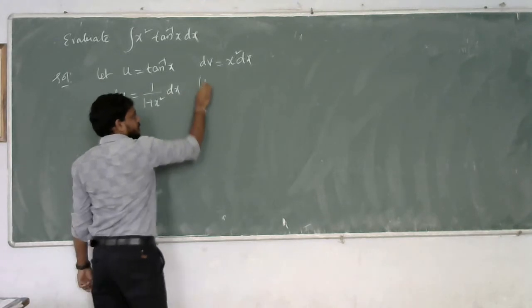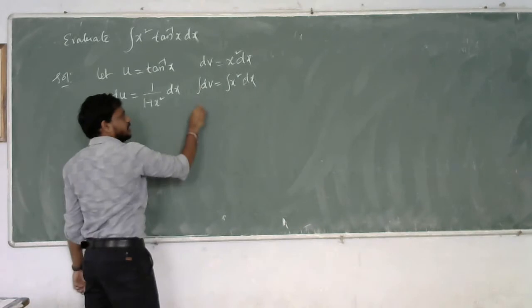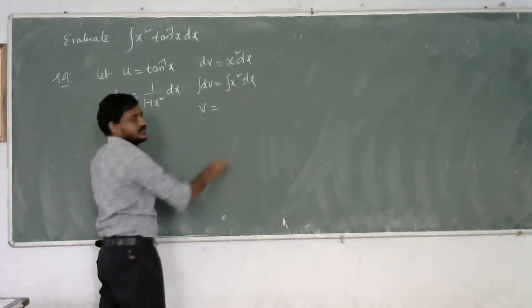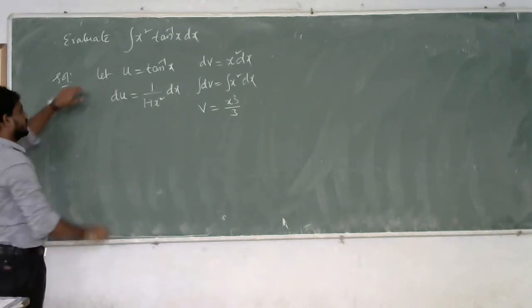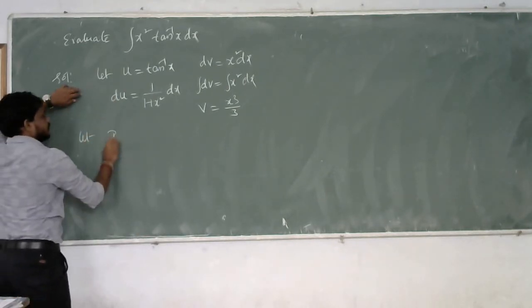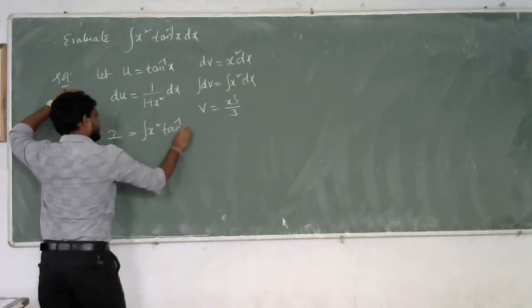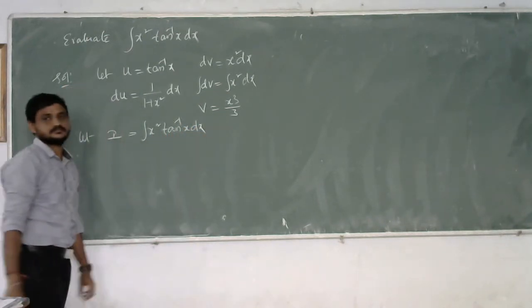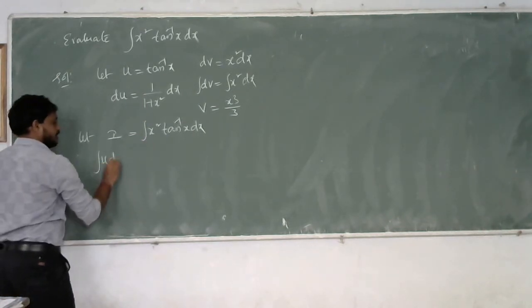And here integral dv equals integration of x square into dx. Integral dv is v. Integration of x square is x cubed by 3. Then consider the given integral as I, that's integral x square into tan inverse of x into dx. Now, which is in the form of integral u into dv, right?